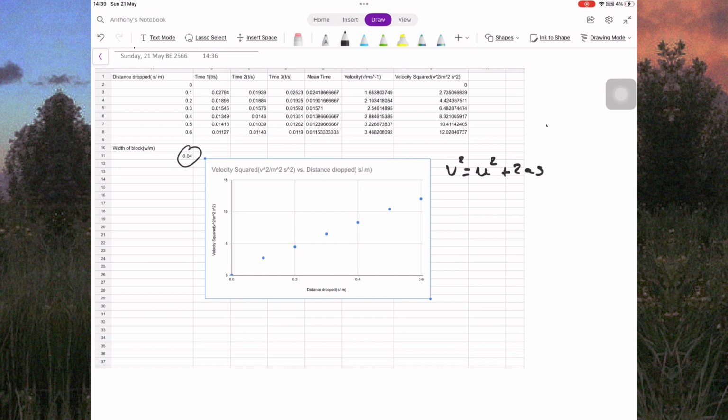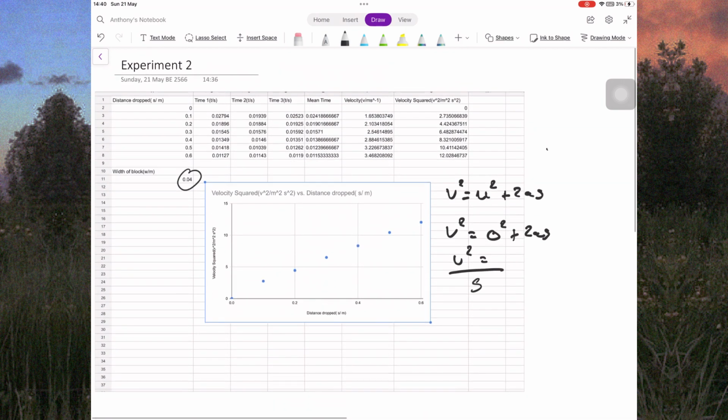Since our initial velocity will be 0, it will be v squared equals 0 squared plus 2as, and to find acceleration, v squared divided by s is equal to 2a.